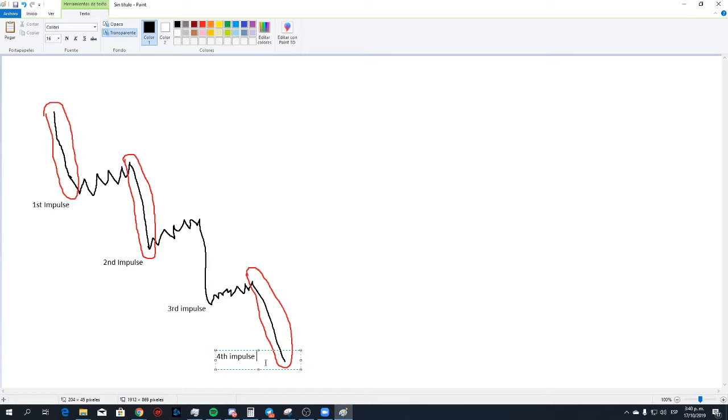Okay, we got the 4 here. There's something you should know too. Let's say you find 4 impulses on a weekly chart. If you go to the daily chart, you won't see 4 impulses. You will see different movement from what you saw on the weekly chart, right?